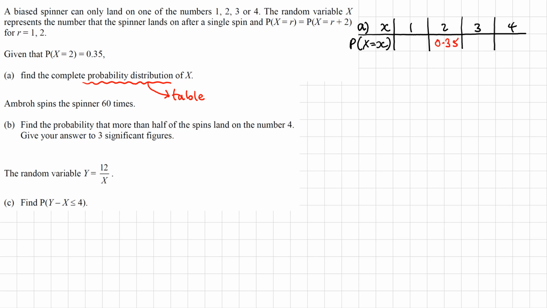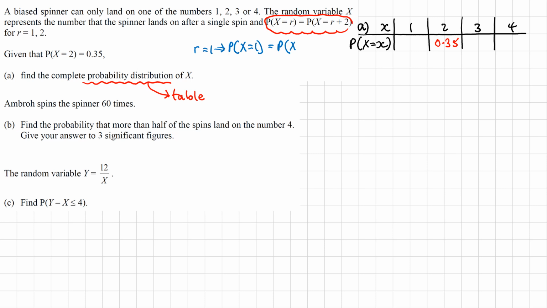And then we've also been given this extra information here. Now what we do is we substitute r equals 1 into it and then r equals 2. So when r is equal to 1, we have the probability that X is equal to 1 is equal to the probability that X is equal to 1 plus 2, which is 3.